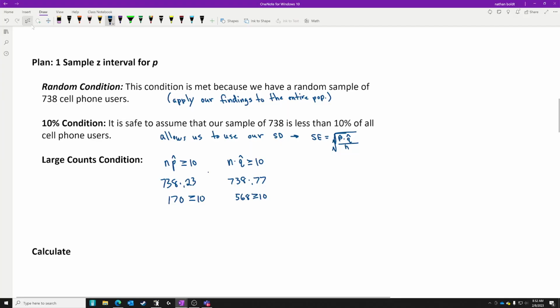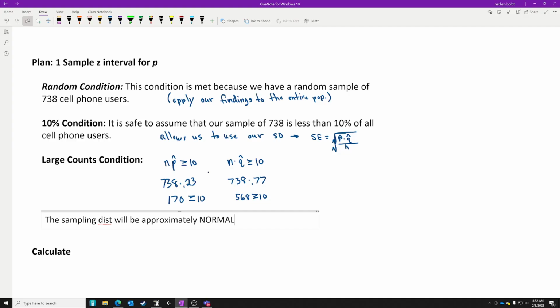Why is that important? Okay, because this means the hypothetical sampling distribution will be approximately normal now. And all our math is based off the normal model, so our sampling distribution must be approximately normal.